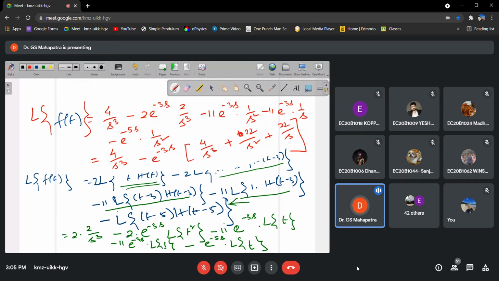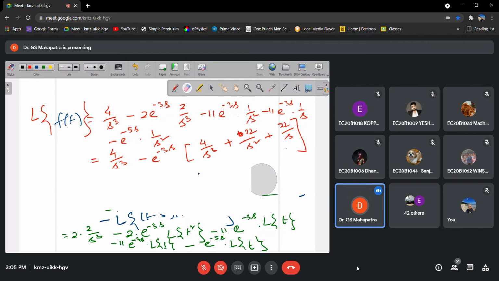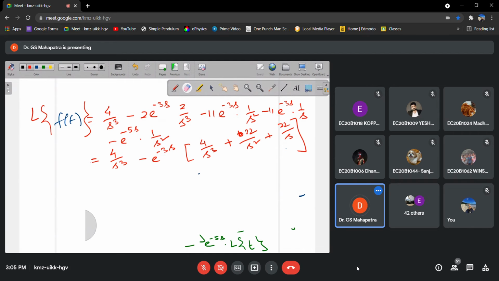What is the last term? Laplace transform of this one. So that is minus e to the power minus 5s by s square, correct now? This is the Laplace transform of the given function.